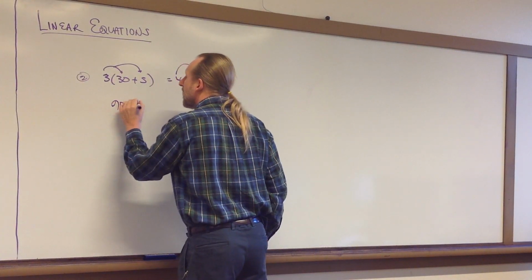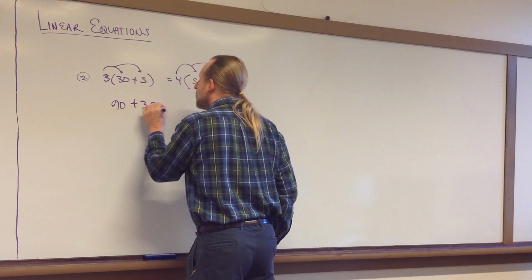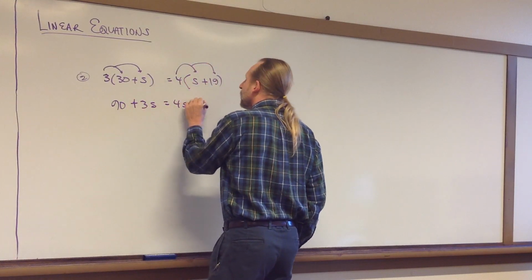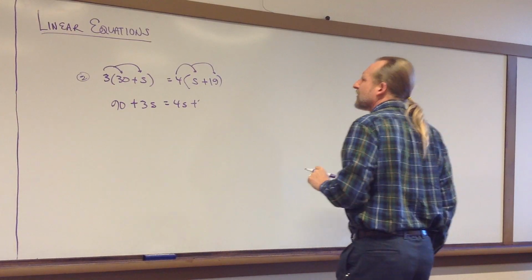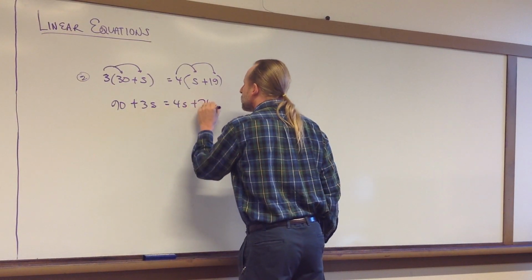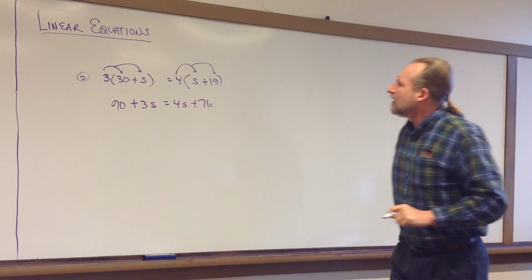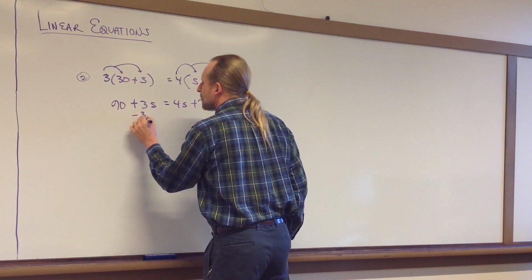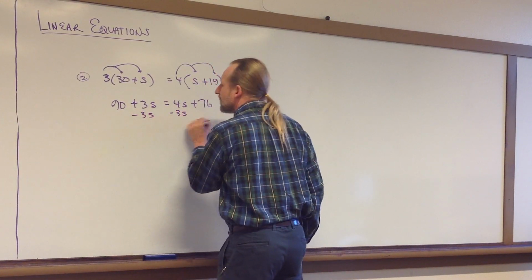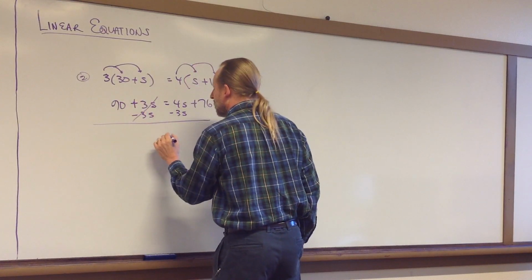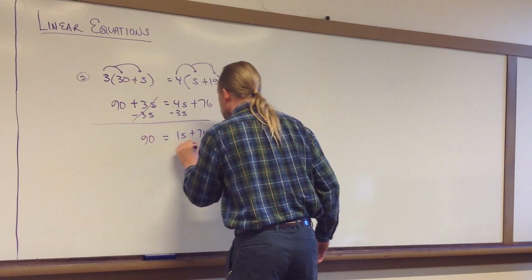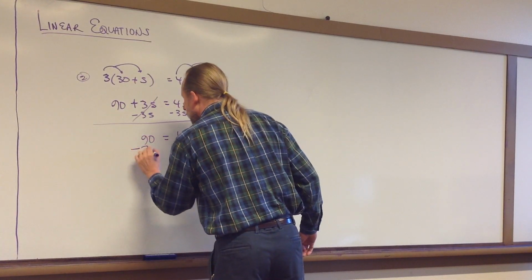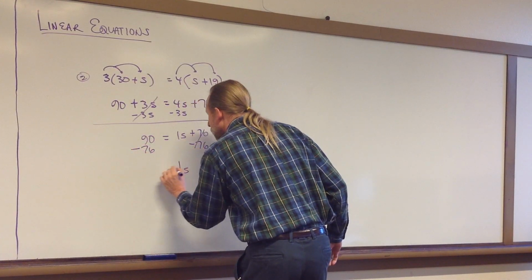So this is going to be 90 plus 3s equals 4s plus 40 and 36, so that should be 76. And then I'll subtract 3s on both sides, and that'll give me 1s plus 76 equals 90.